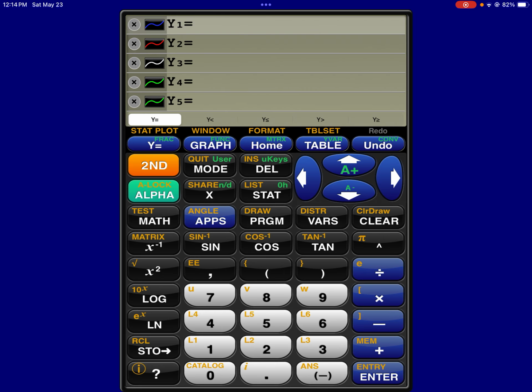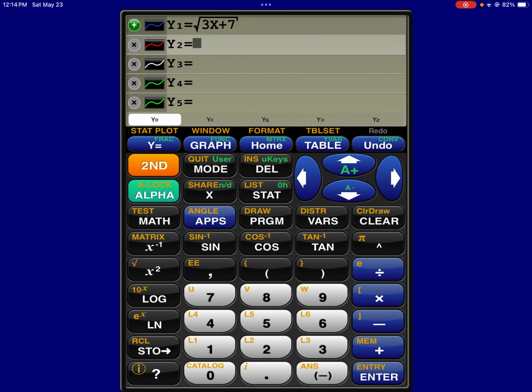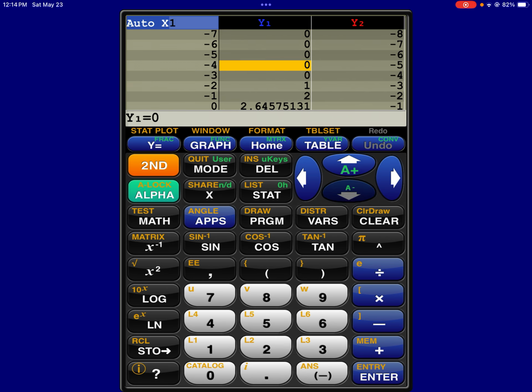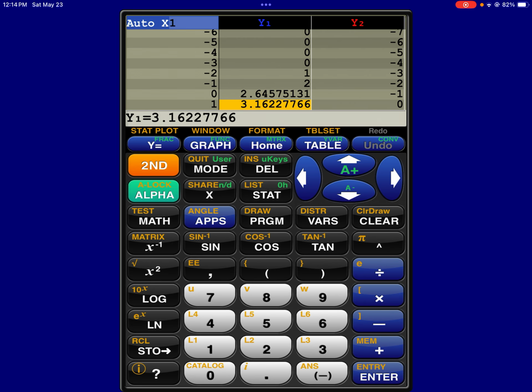I can already get half credit just by doing this. And guess what? At the end, you're going to have to check this anyway. All right, so let's look at the table. And let's see. By the way, 2 and negative 2 are not the same.